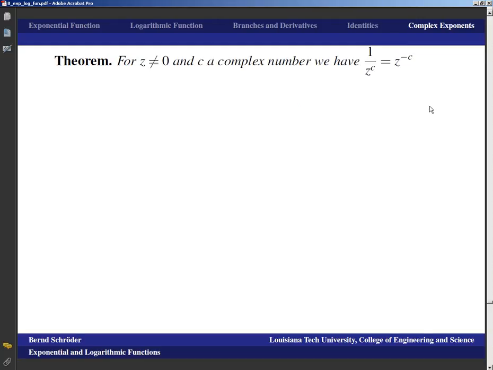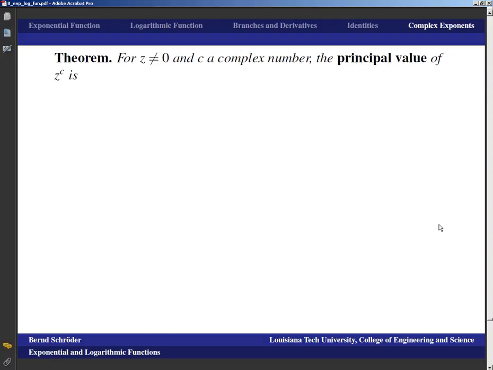We knew that already for integer powers, but now we can do it for complex powers, because z to the c times z to the negative c is e to the c log z times e to the negative c log z, and that's e to the c log z minus c log z, and that's e to the 0, or e to the 0 plus 2 pi i. Either way, that's equal to 1. And because multiplicative inverses are unique, that means that z to the negative c must be the multiplicative inverse of z to the c. So that's that proof.